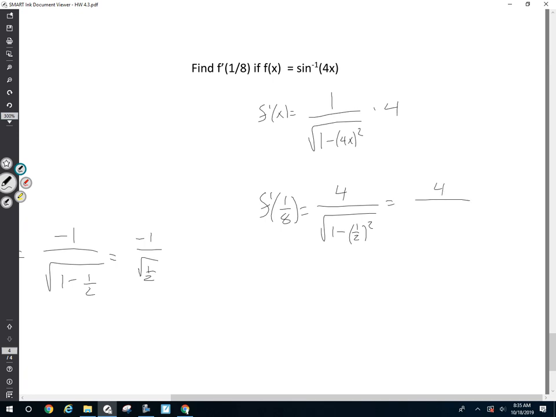So this is 4 over root 1 minus 1/4, which is 4/4 minus 1/4, which is 3/4. Okay, simplifying that. Root 3 is just root 3. Root 4 is 2. Simplifying that, that's 4 times 2 over root 3, which is 8 over root 3.